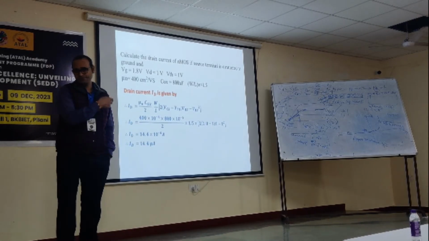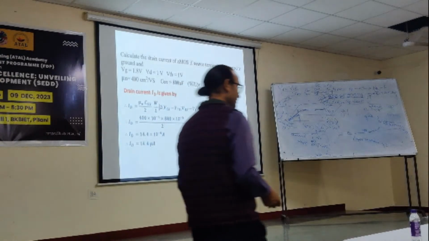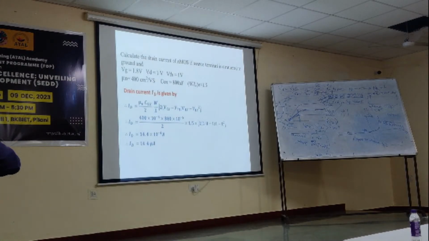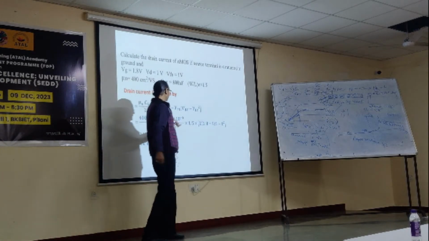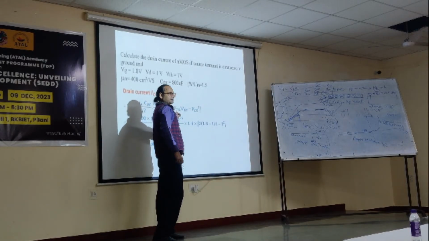There is another example, please go through this for some time because the solution is also there and the question is also there. So this is the formula under the linear region, right? Under the saturation region, what will happen? We say that VDS becomes equal to VGS minus VT.